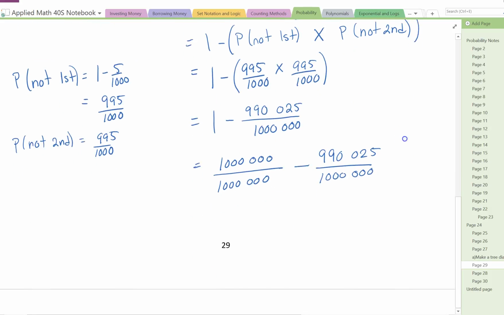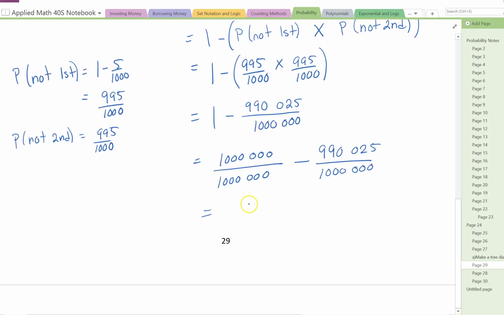And putting that in your calculator, you end up with 9,975 out of 1 million. If you change that to a decimal, that would be 0.009975. And if you wanted to look at it as a percentage, that would be 0.9975%. So it's about 1%.